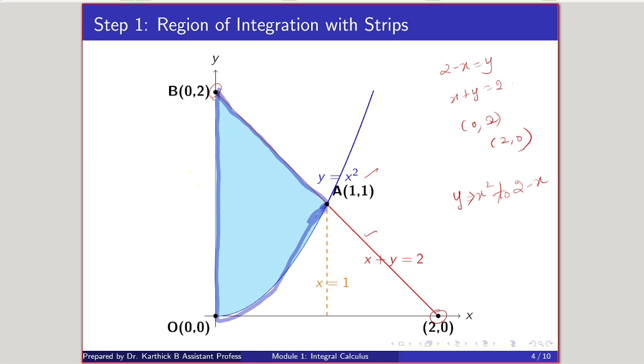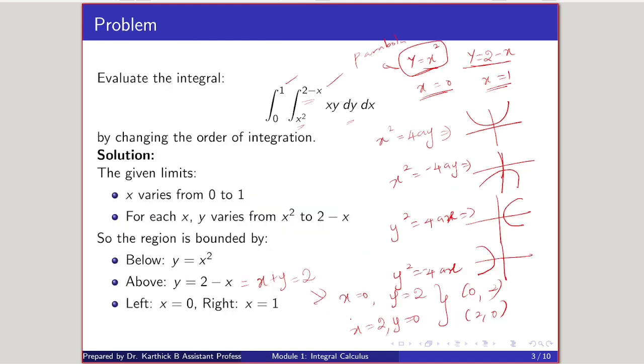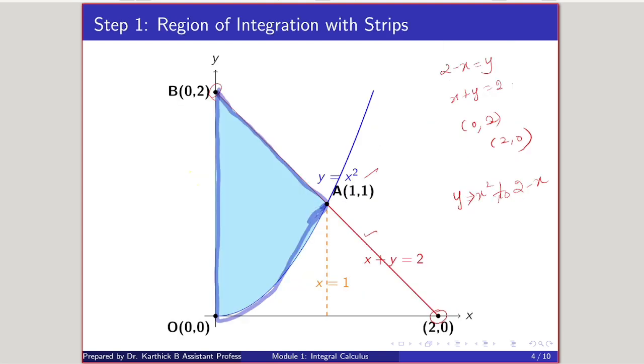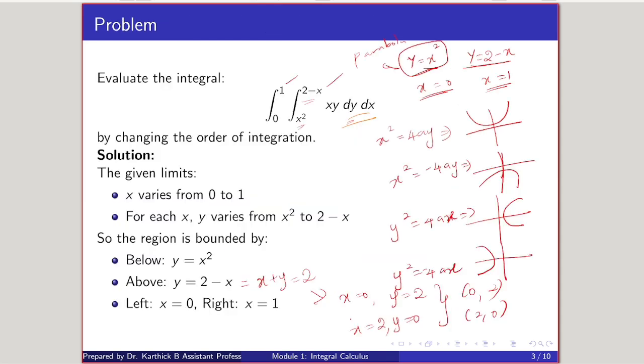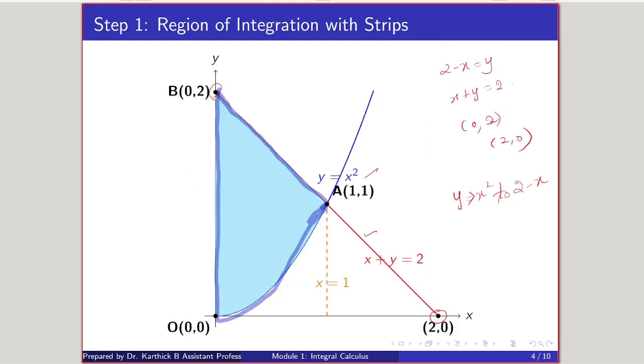What they have given here is dy dx. Because our problem is to change the order of integration, if I change the order dy dx, then I will get dx dy.